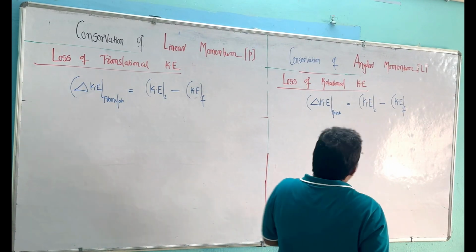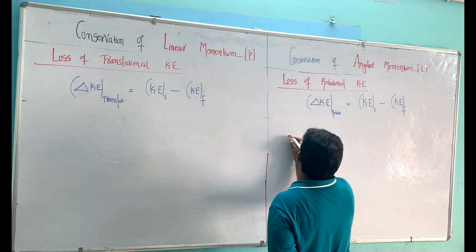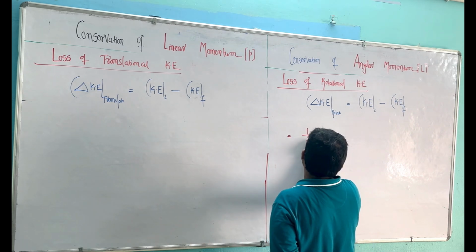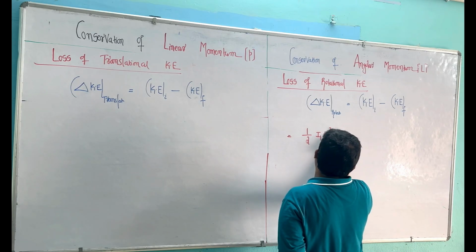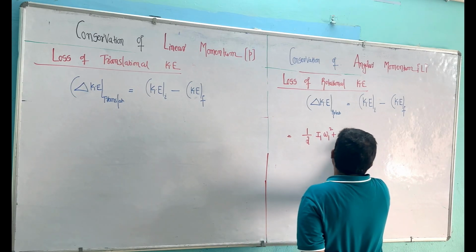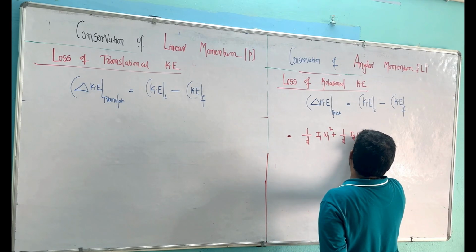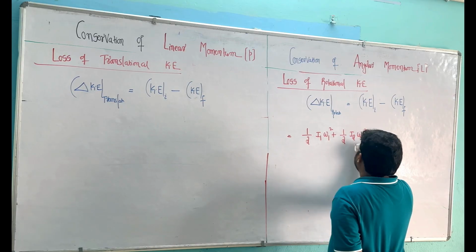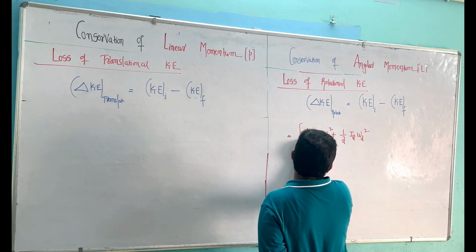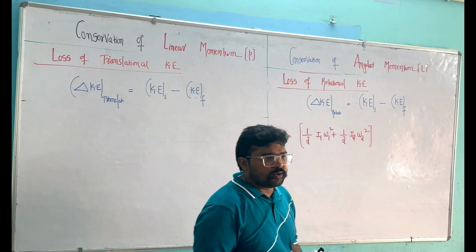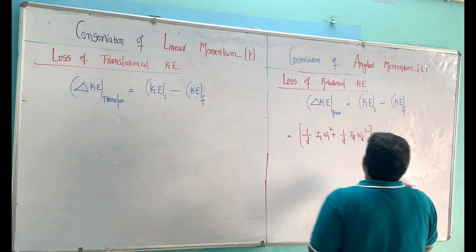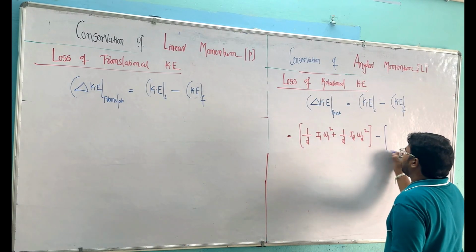Half into I1 omega 1 square plus half I2 omega 2 square, minus how much is obtained?